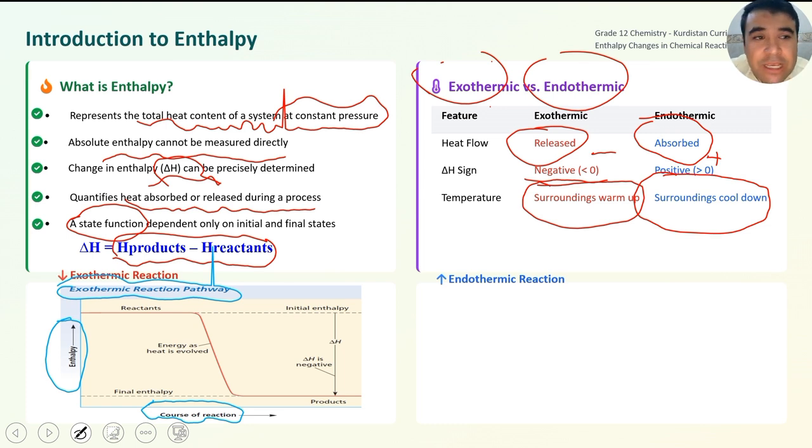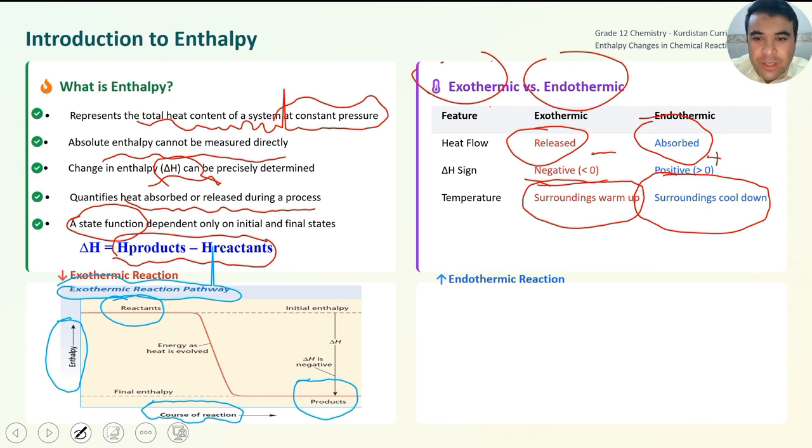So guys, exothermic reactions mean releasing heat from a system. That means at the initial position, which is the reactant, we have a high amount of heat, but as we reach the product, this heat is released. What will happen to the final position? Of course, it should always be lower than the initial position.